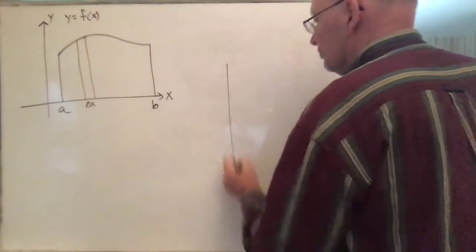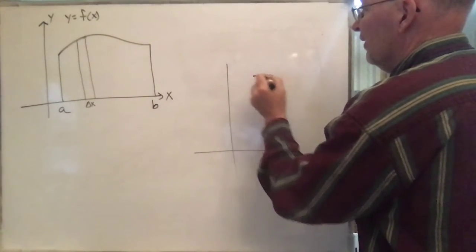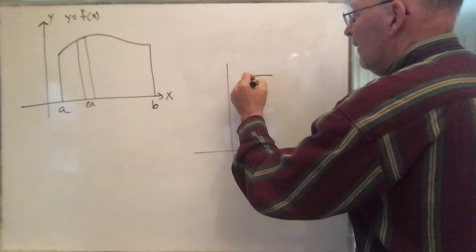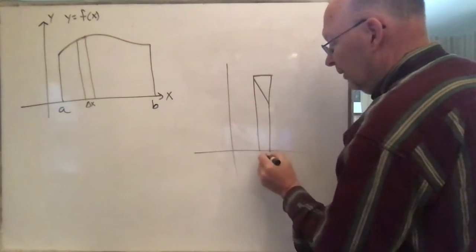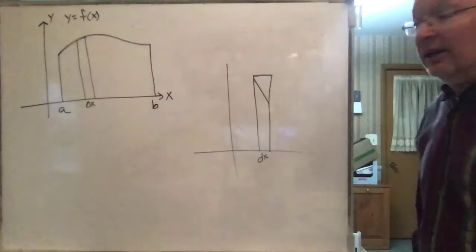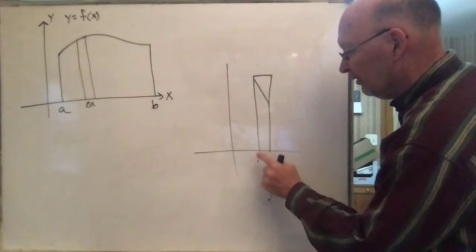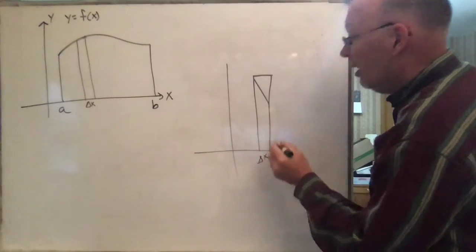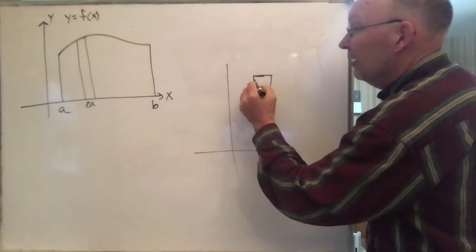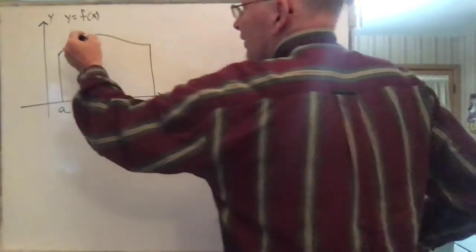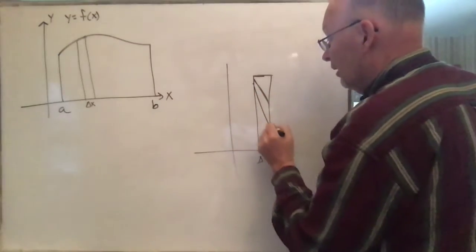Because notice that you can have two graphs. You could have a graph that looked like this, or you could have a graph that looked like this. And notice that they have the same little dx right there. They're both over the same little delta x, but one of them has a much larger length than the other one. And if the graph came down real steep, it could be like this.